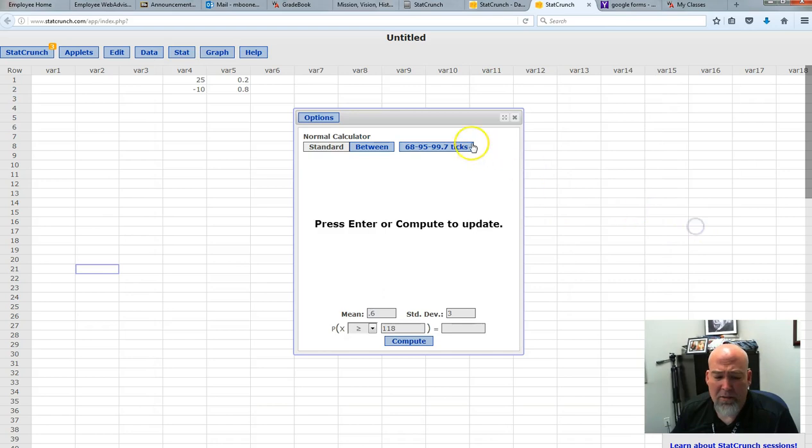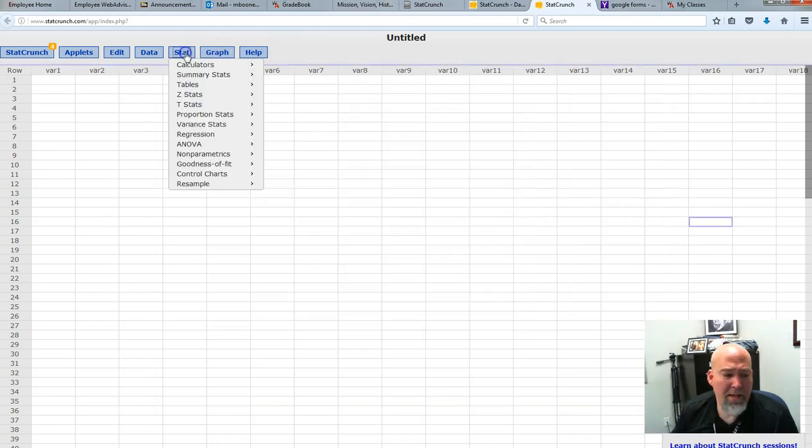Confidence intervals and sample sizes, again, using StatCrunch. If we're doing sample means, we're looking at t-stats. One sample is what we're typically looking at.